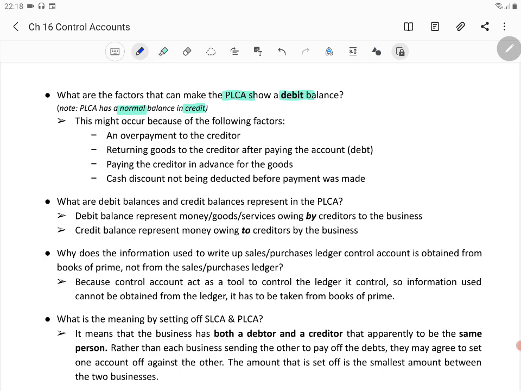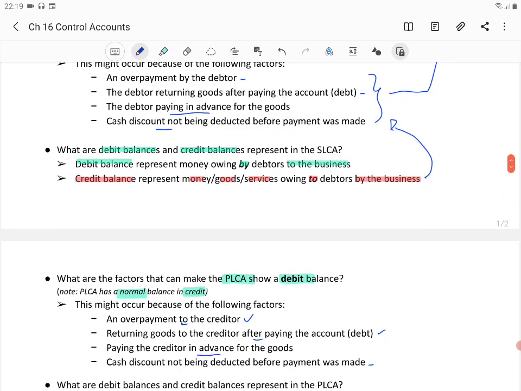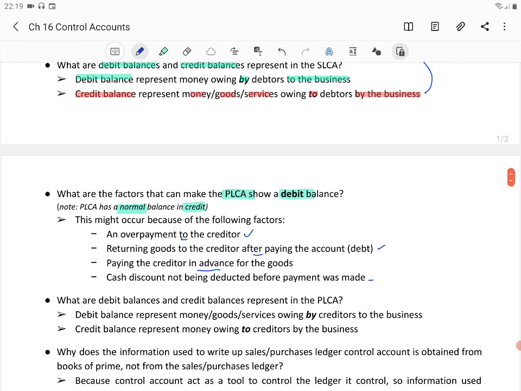Number one, an overpayment to the creditor. Returning goods to creditors after paying the account. Paying the creditor in advance. And cash discount not being deducted before payment was made. So the reasons in SLCA and PLCA are the same. If it is showing an abnormal balance, it's just a matter of whose point of view you explain it from.